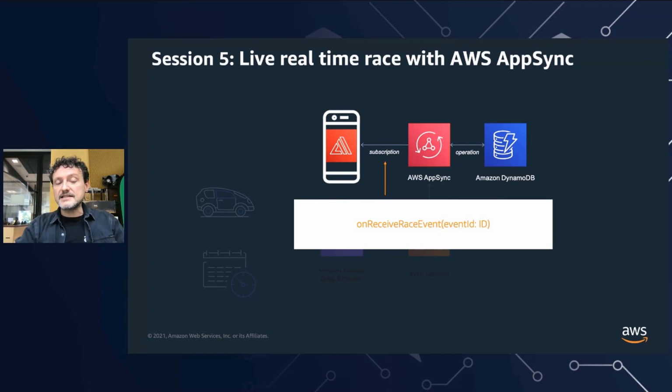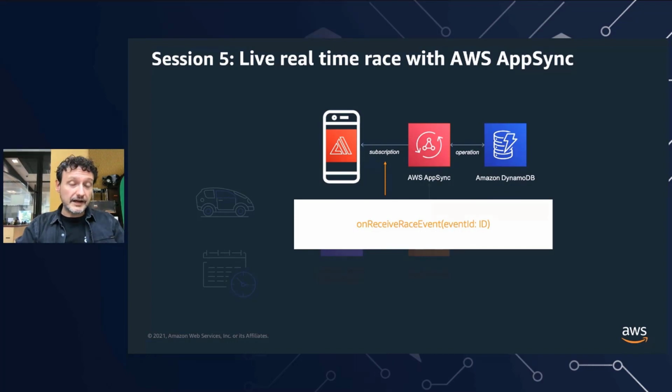Here the event ID is the ID of the event type we created in session number 1. For example, for a specific race, an event can be the free practice session, the qualifying session, or the race itself. So we can get real-time data just for the right session.